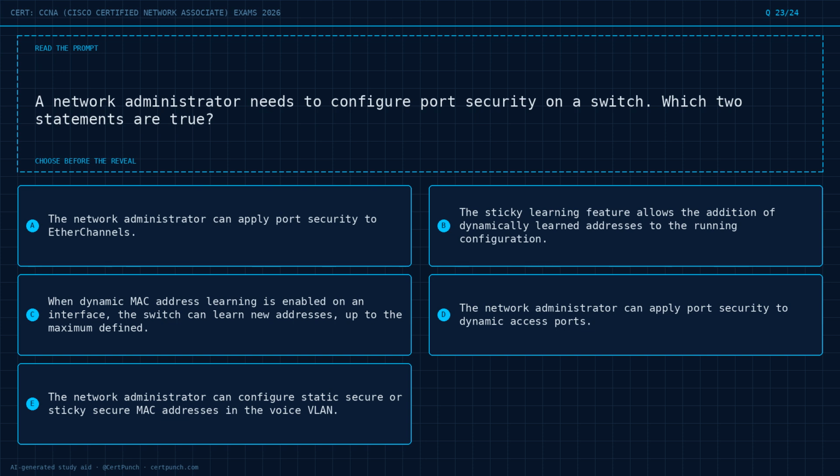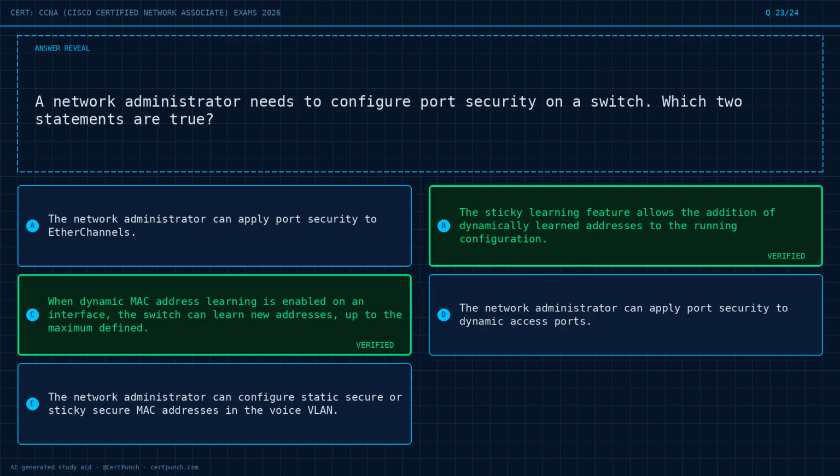Option C, when dynamic MAC address learning is enabled on an interface, the switch can learn new addresses, up to the maximum defined. Option D, the network administrator can apply port security to dynamic access ports. Option E, the network administrator can configure static, secure, or sticky secure MAC addresses in the voice VLAN. Decide on the strongest option before the reveal. Stay with your gut.